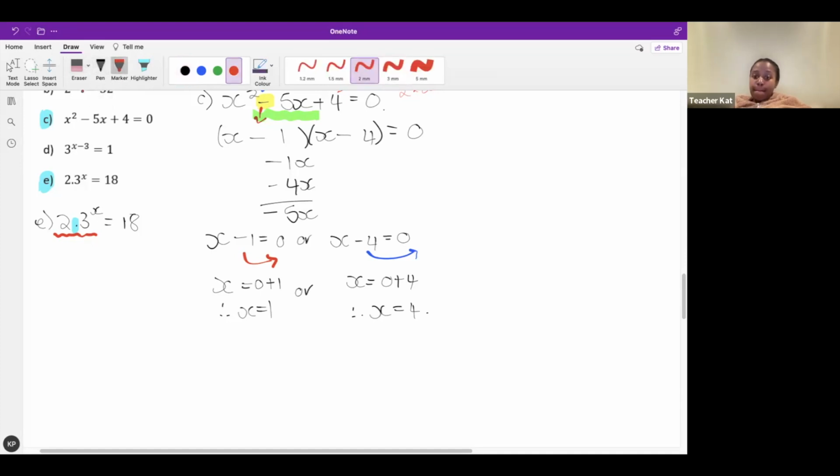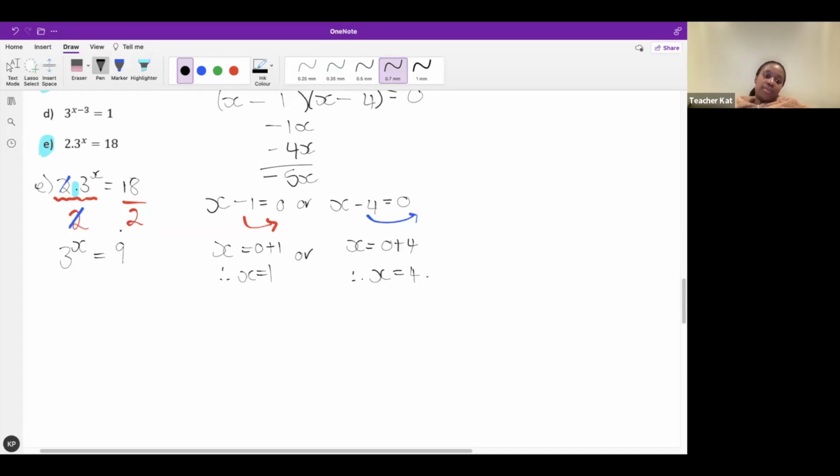I do what? Divide by 2 on both sides. So that 2 can divide into 2, and I'm left with 3 to the power of x is equal to 9.